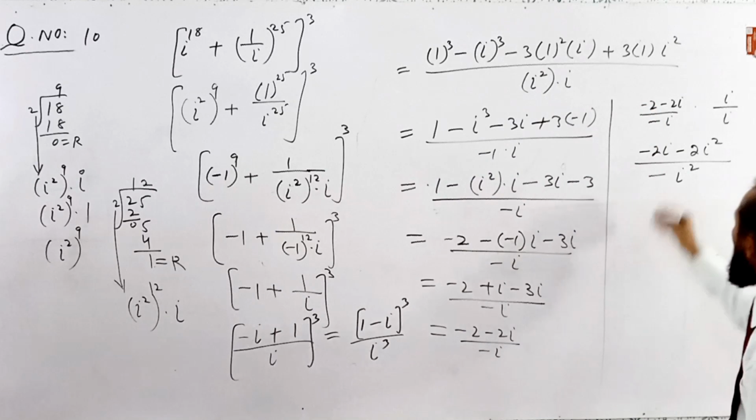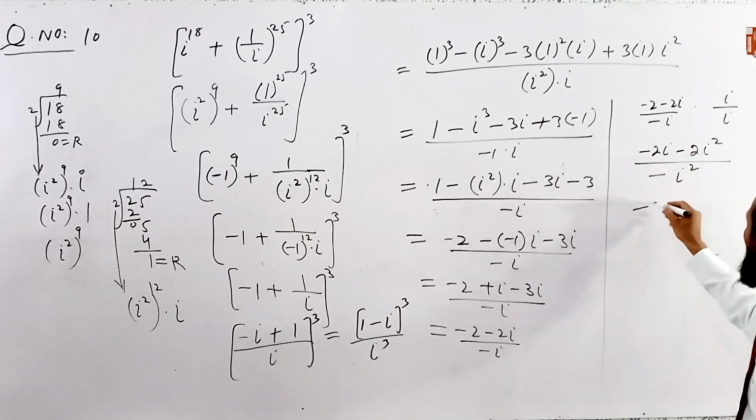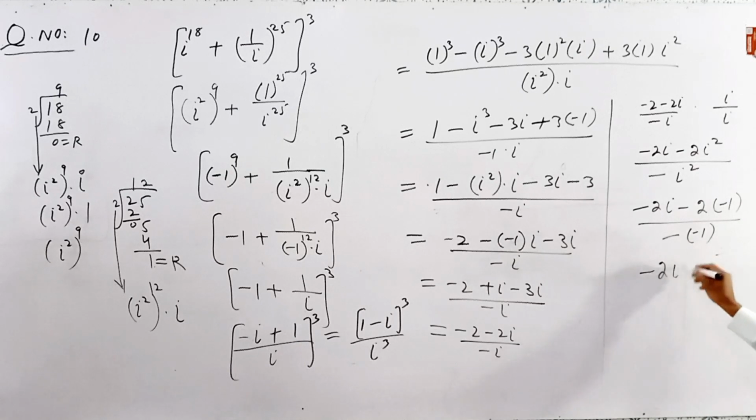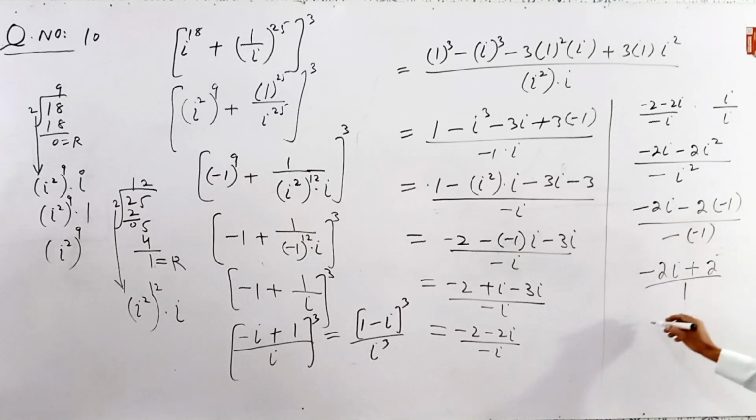Further this simplification, so minus 2 iota minus 2 and 2 minus 1, minus iota square is equal to minus 1, minus 2 iota plus 2, divided by 1. So it means that we can arrange this one as 2 minus 2 iota.